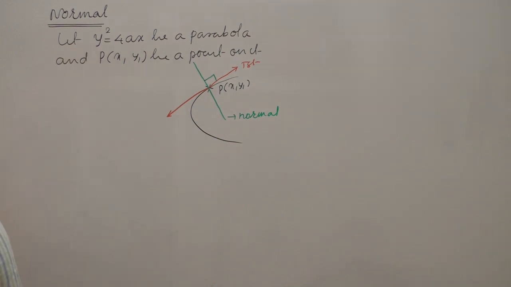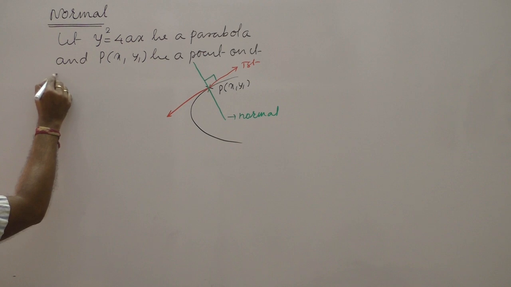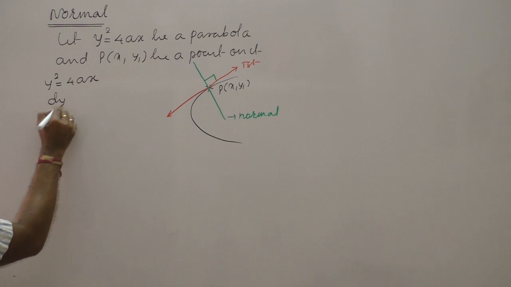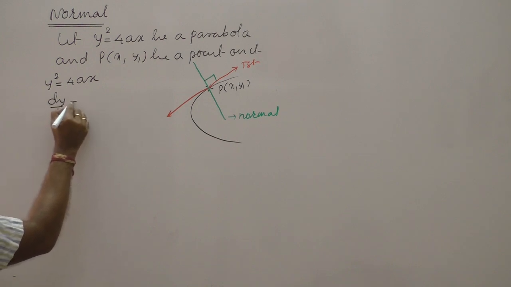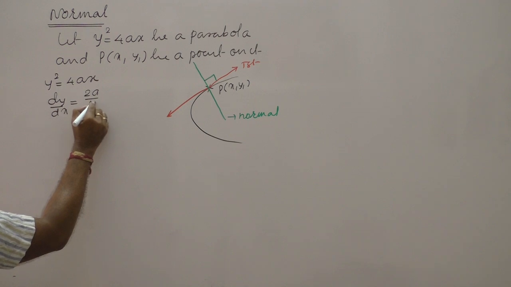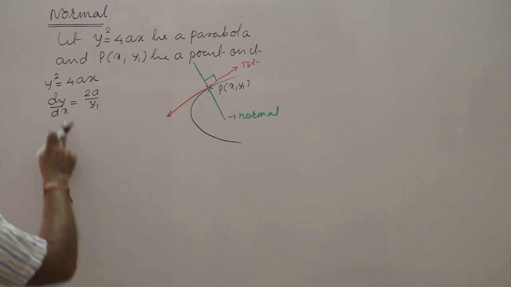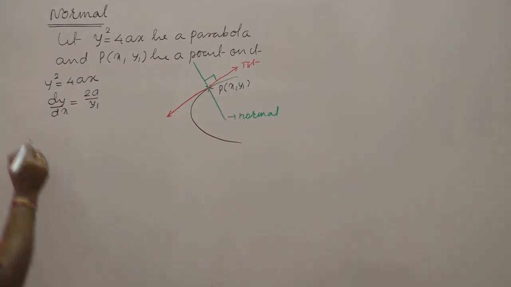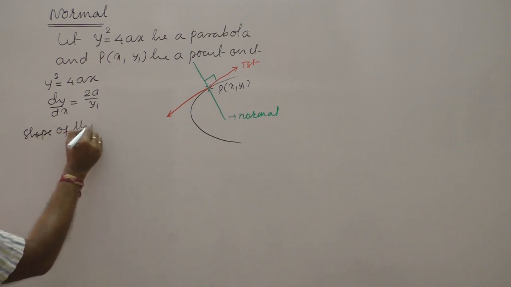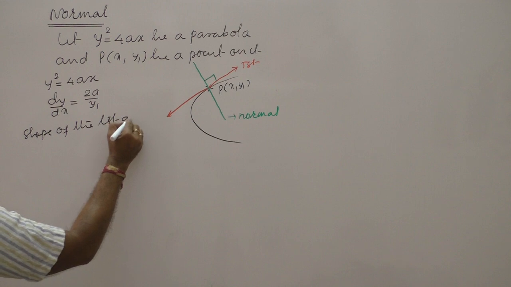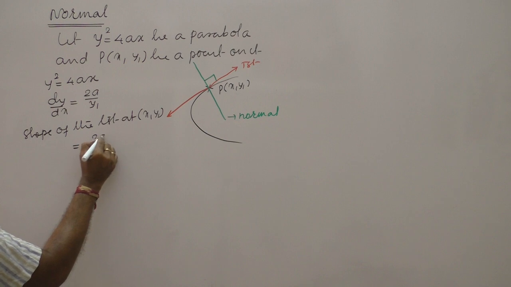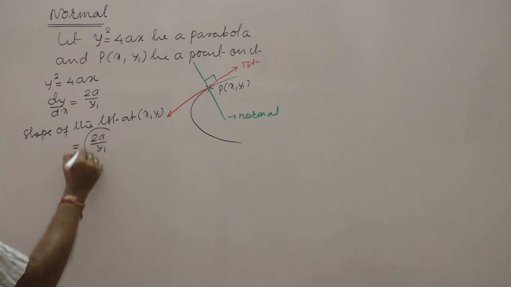I will take the curve y squared equals 4ax and find dy by dx by differentiating, which is 2a by y1. So from dy by dx we can find the slope of the tangent. The slope of the tangent at the point (x1, y1) is 2a by y1.